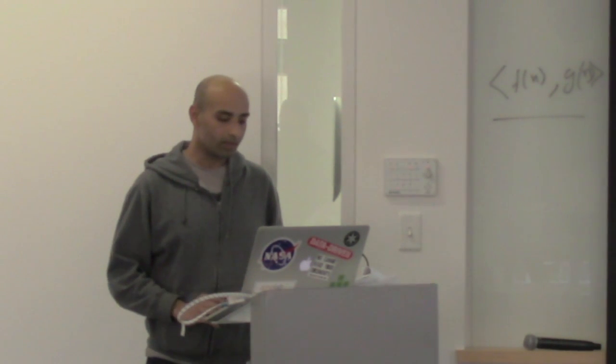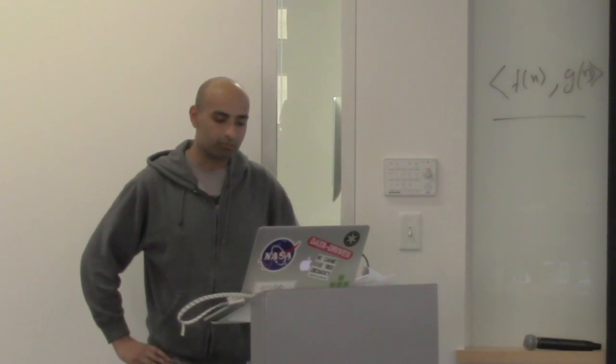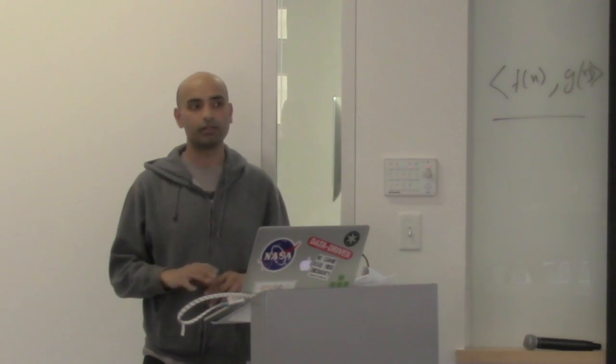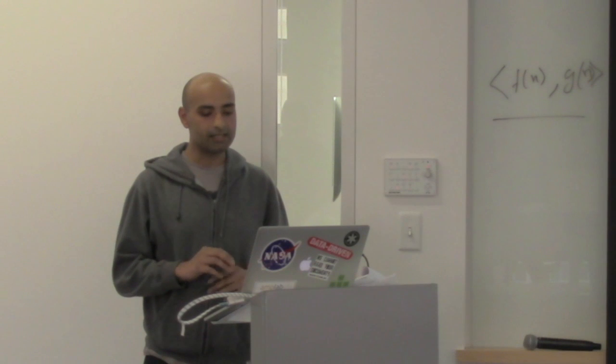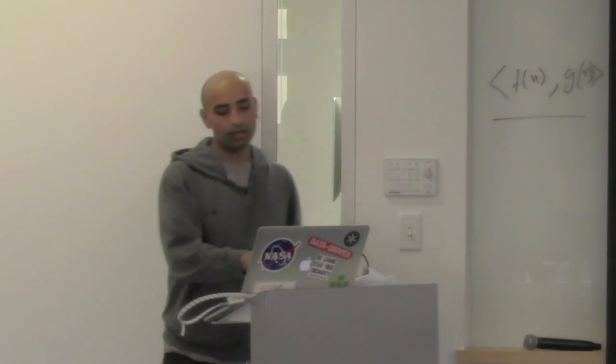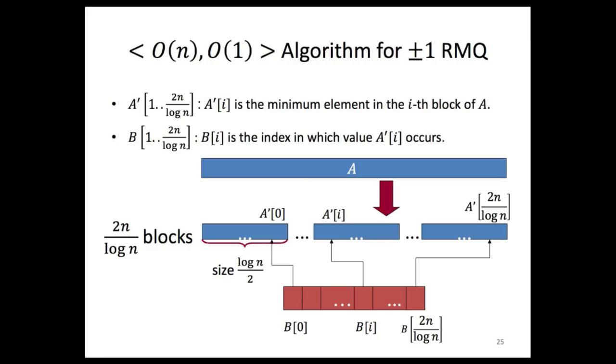So consider each one of those blocks, and we call each one of them A prime. So every element in A prime is the minimum of that block of A. So you do the range minimum query on that block, and you find the minimum, and you store it over there.